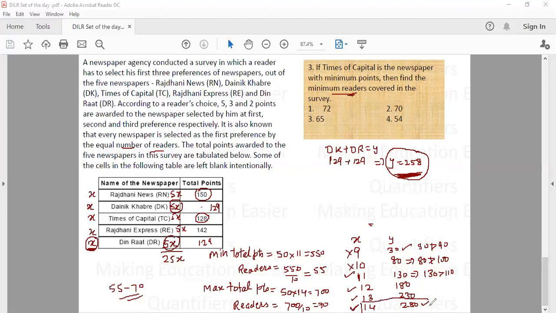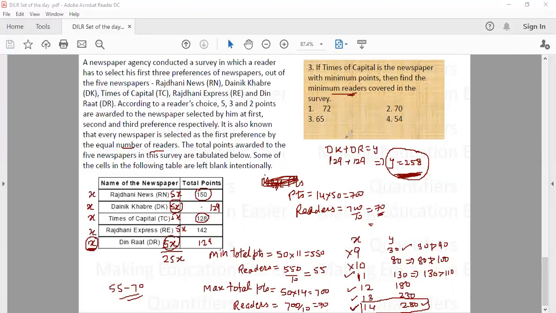That means the points in this case will be 14 into 50, which is 700, and readers in this case will be 700 by 10, which means 70.